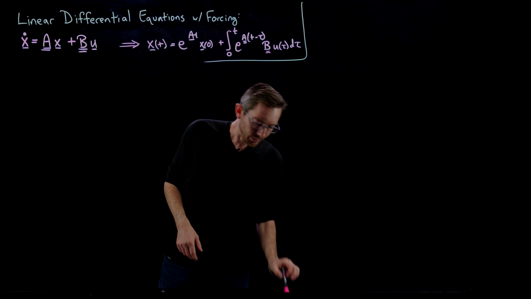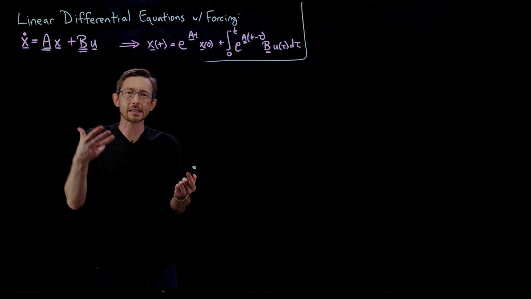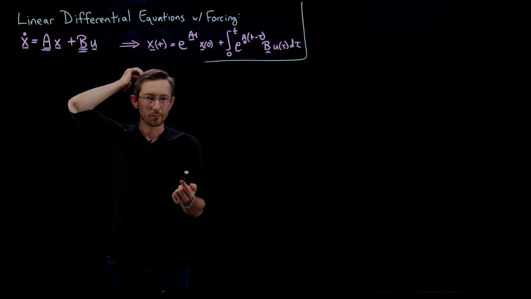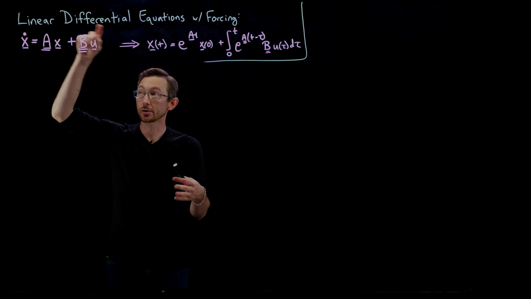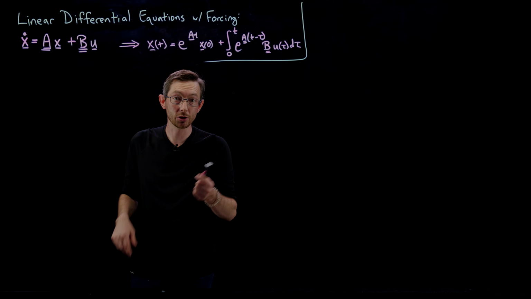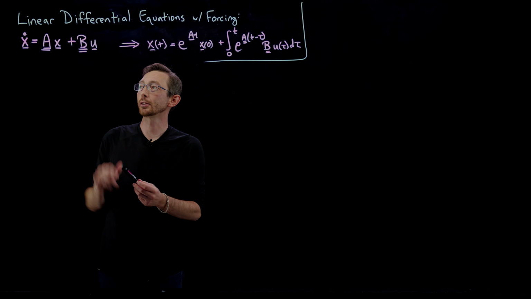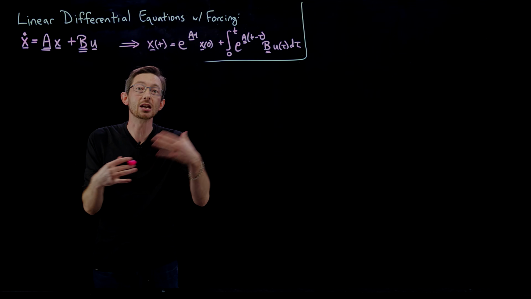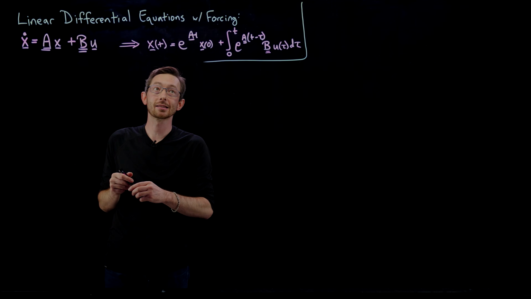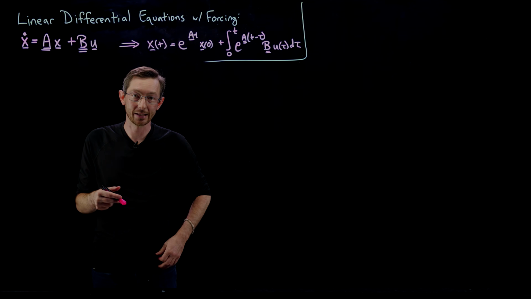So the first thing we're going to do, and in general this is how we handle differential equations with forcing usually, is we're going to start by just looking at the unforced or homogeneous equation, x dot equals Ax, with some initial condition x naught.